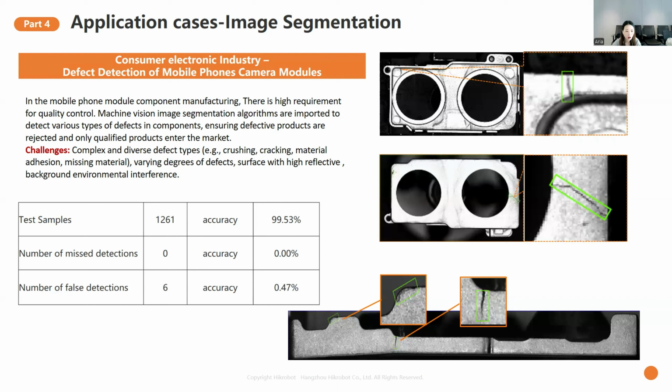Even though all of these difficulties occur in the project, we can still successfully deliver our vision system for this mobile phone components manufacturing with high detection accuracy. The detection accuracy is up to 99.53%. The number of misdetections is 0. The false detection rate only occupies 0.47%.